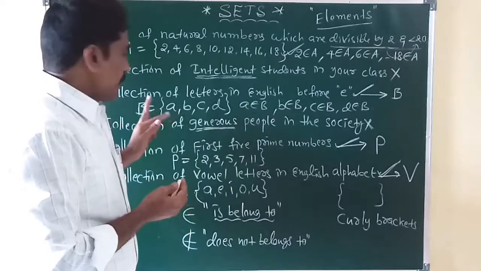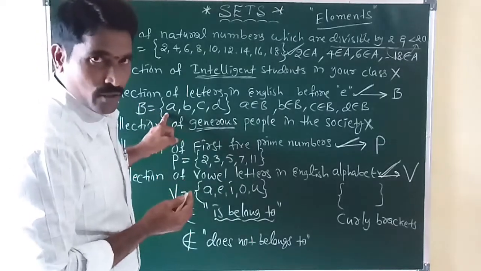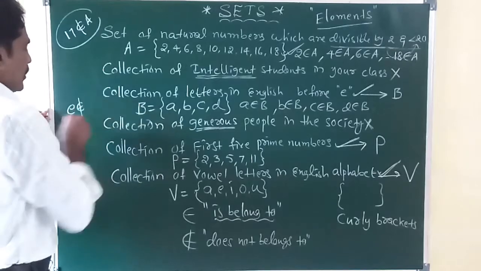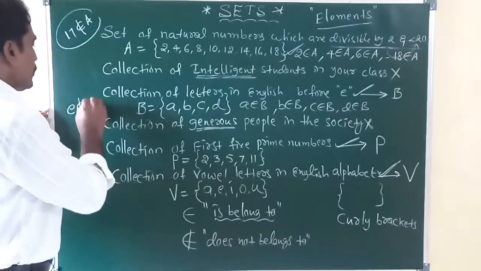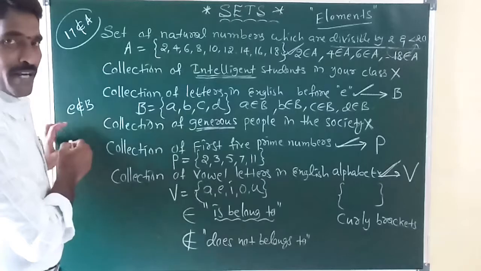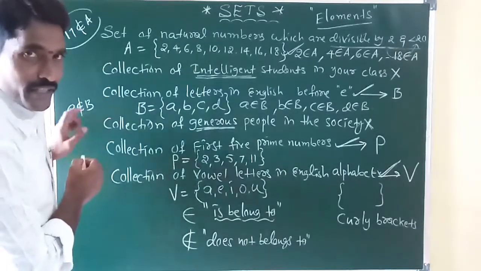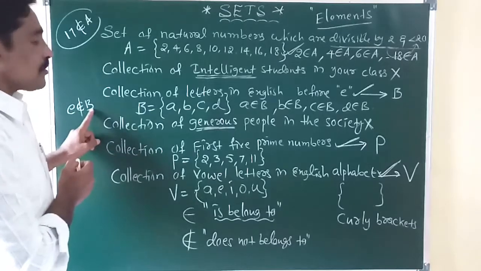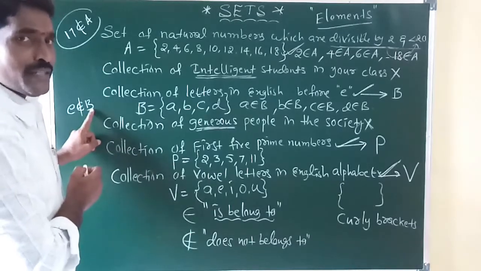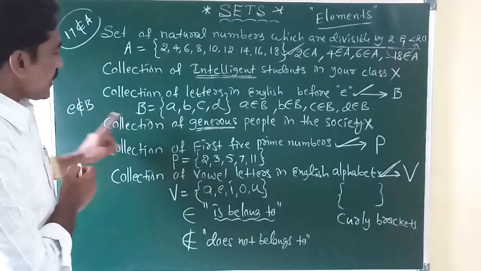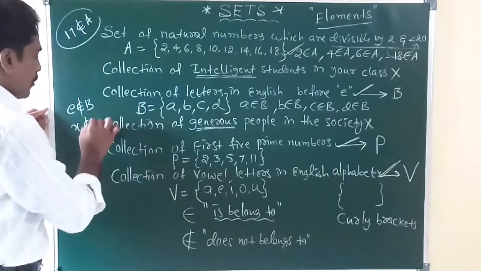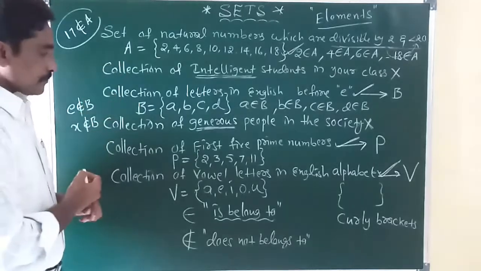No, it is not in the set B. So we can express it as E does not belong to the set B. Is the element X in the set B? No. So element X does not belong to the set B.